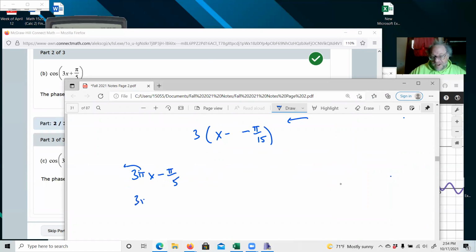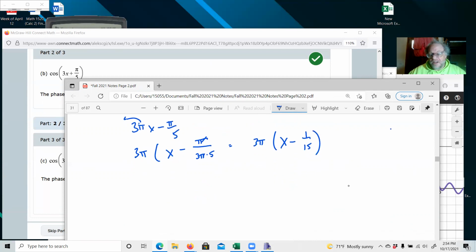So this is going to be 3 pi, because that's going to affect the period, and this is x minus pi over 3 pi times 5, so x minus 1 over 15. Our period is 2 pi over b, which is 2 pi over 3 pi, so that's 2/3.